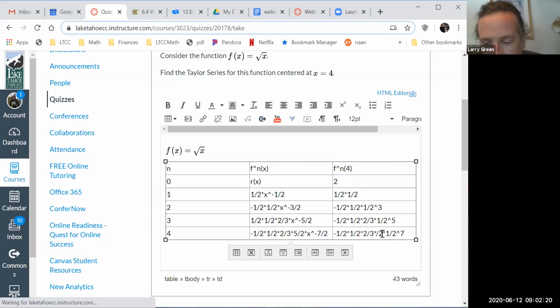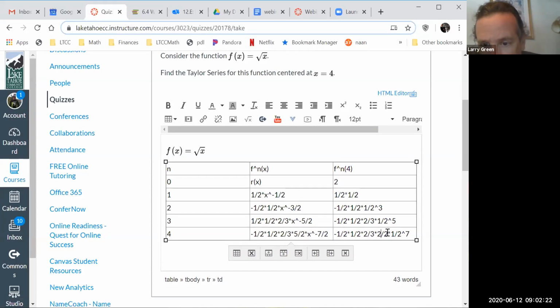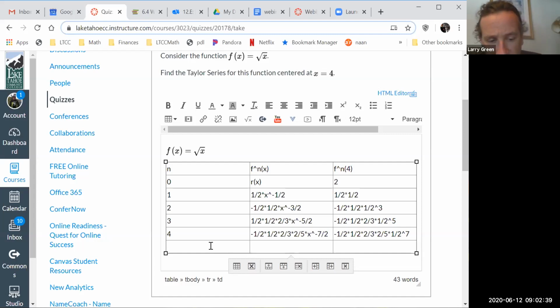Sorry, this is not 5/2, but 2/5. Okay, let's do one more, and then the one more we're going to do is the pattern. So now let's do n. Let's look at this and see what we have as a pattern.